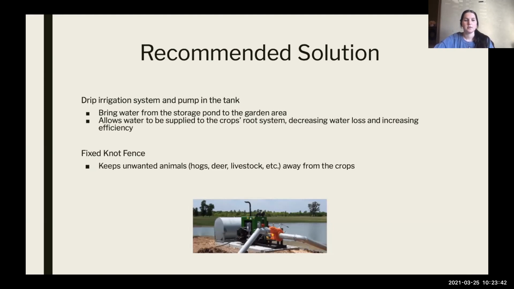The drip emitters will be placed near the root of the crop, allowing the water to be supplied directly to the areas that need it. The fixed knot fence will be positioned around the traditional garden area as well as around the high tunnels if it's needed there. This will keep unwanted animals such as hogs and deer away from the crops, and it is able to sustain the environment.